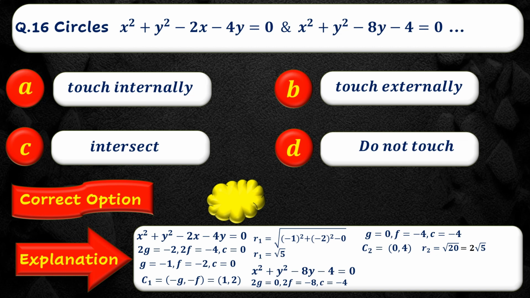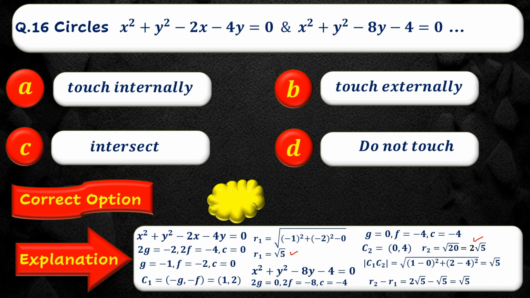Now we find the distance between the centers of both circles. Applying distance formula, we get the distance to be square root of 5. Now we find the difference of radii of both circles. R2 - R1 will be equal to 2 into square root of 5 minus square root of 5, which is equal to square root of 5.